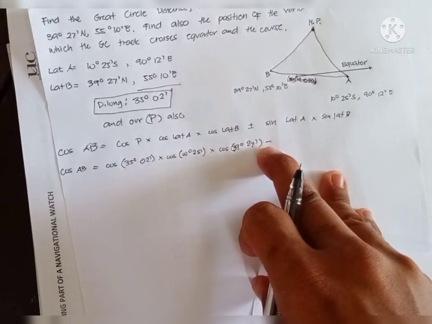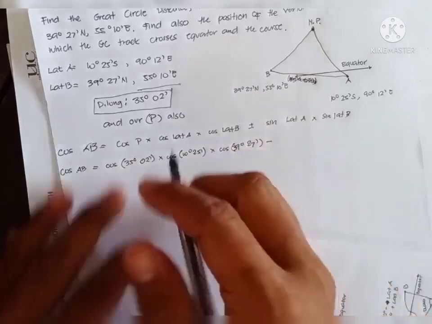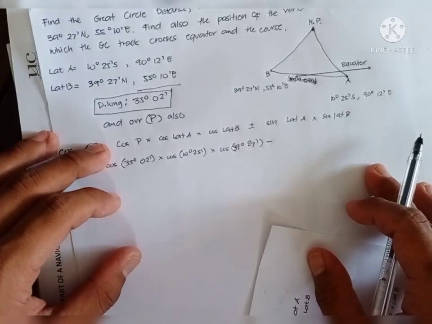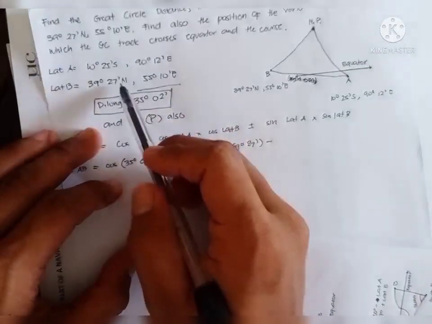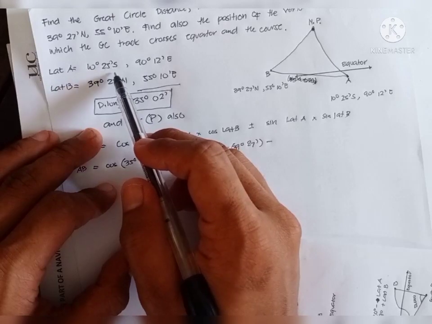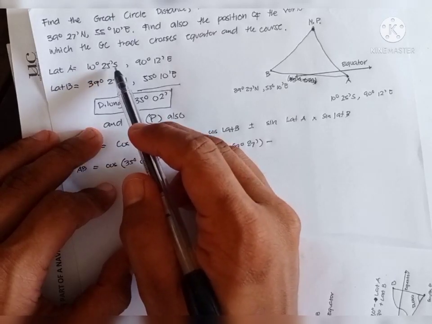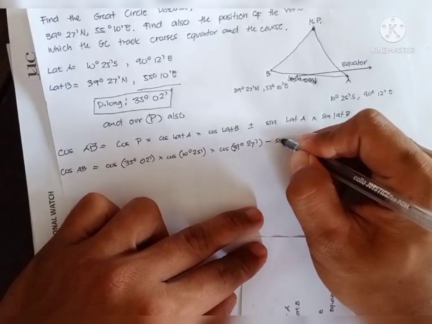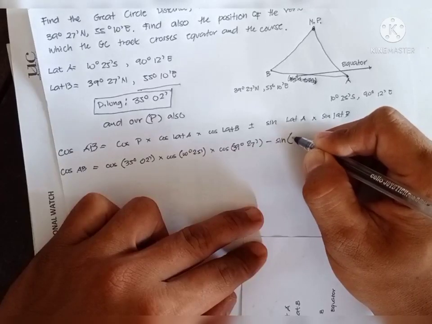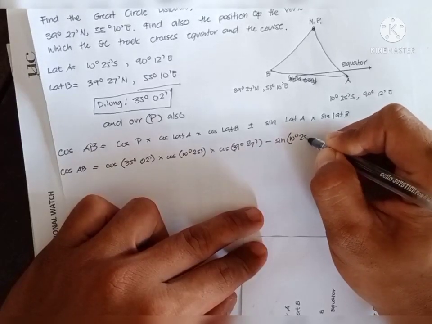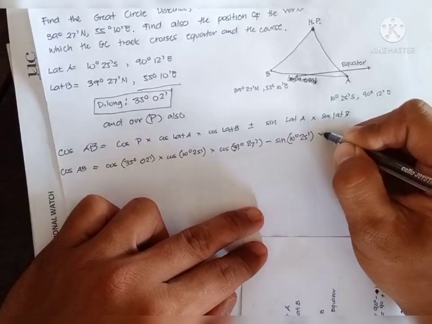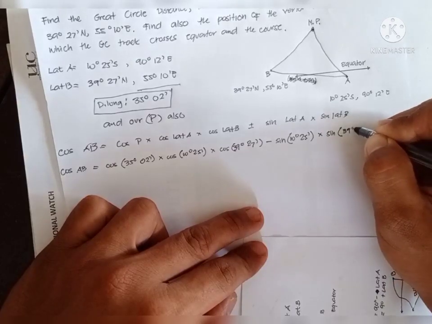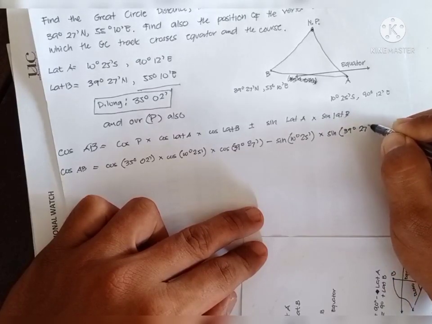It's because our latitudes are in different directions. So we'll minus it because it is in different direction. So minus sine lat A 10 degrees 25 minutes times sine lat B 39 degrees 27 minutes.